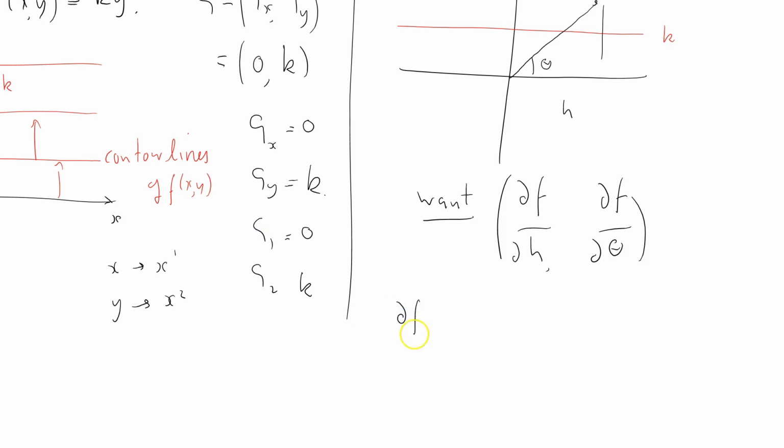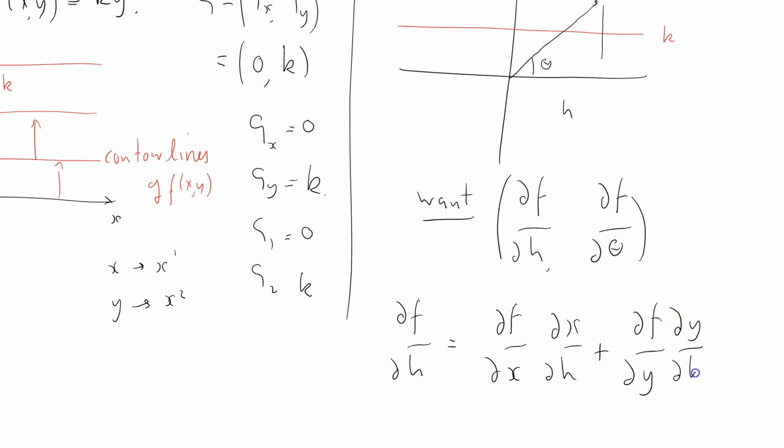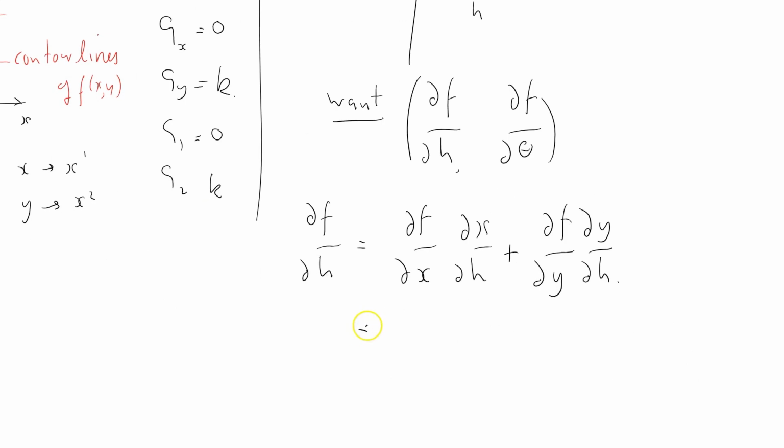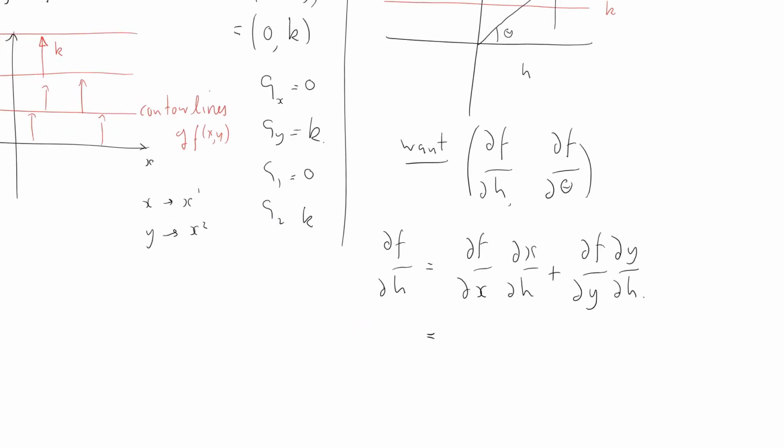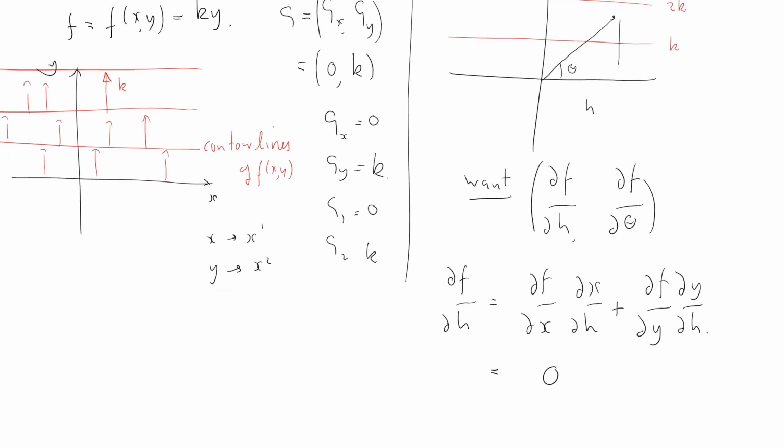So let's figure out what that is. ∂f/∂h equals ∂f/∂x ∂x/∂h plus ∂f/∂y ∂y/∂h, equals what? ∂f/∂x is just 0, because when I say f here, f equals f of x comma y, so what that means is that for any point on this plane here I can associate a temperature with it, and I can do the same here, but of course it's a function of h and theta now, and h and theta depend upon x and y, so that's why I need to decompose this.